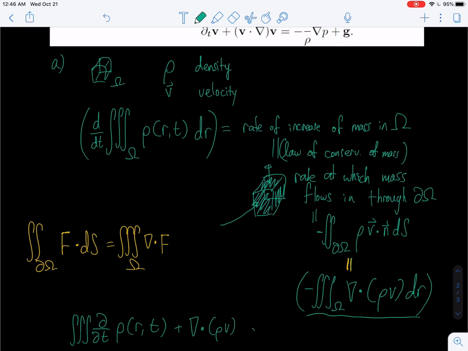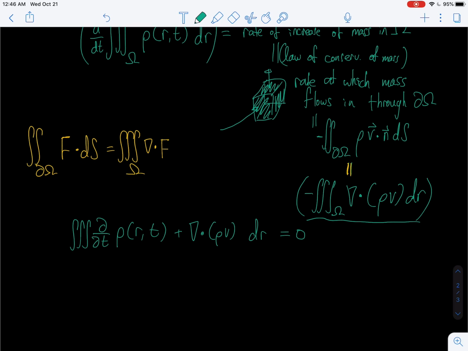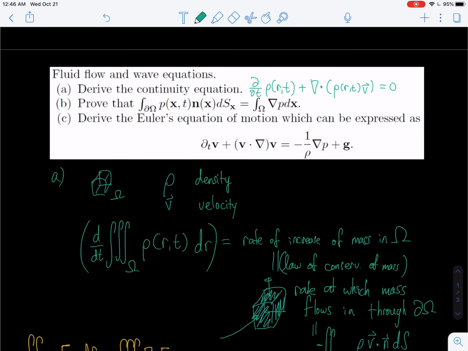So all of this is equal to 0. But because this whole integral is equal to 0, we can conclude that everything inside was actually 0, which was what we wanted to prove here. So A is done.